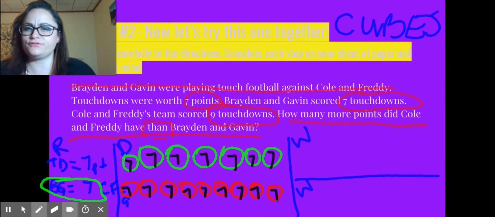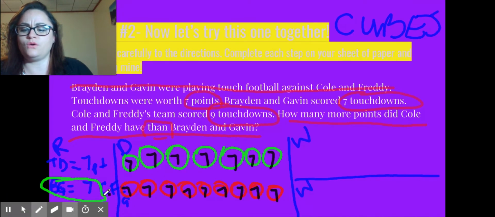Does this look familiar to you? I think it might. What can I do to find out what the total for Braden and Gavin is and what the total for Cole and Freddie is? What do you think? Try it on your paper now.